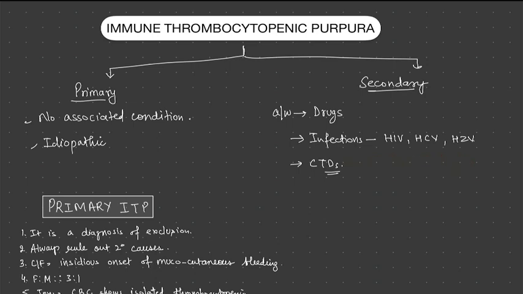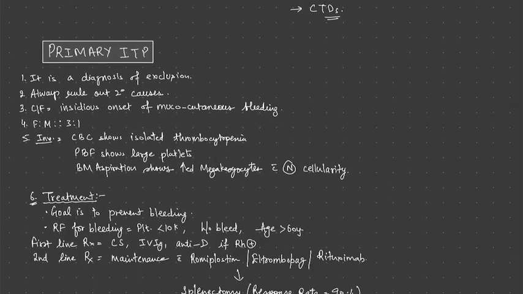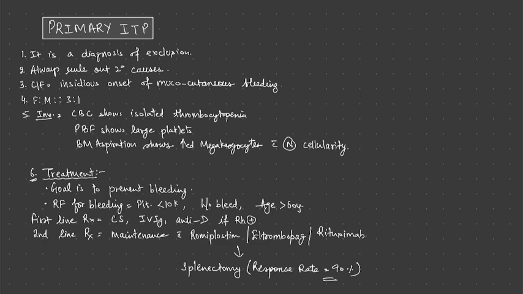So in secondary ITP, there is isolated thrombocytopenia, but there is some underlying suspected cause: drugs, infection, or connective tissue disorders. So we will be discussing the primary ITP in detail.